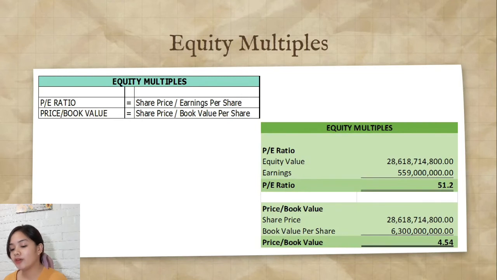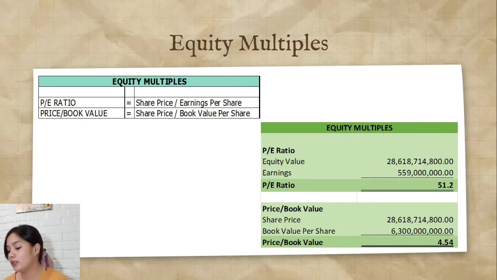Here we have our PE ratio, or price to earnings ratio. The formula for our PE ratio is share price over earnings per share. In our company, the earnings per share is not given, so we will use the other formula for this computation.